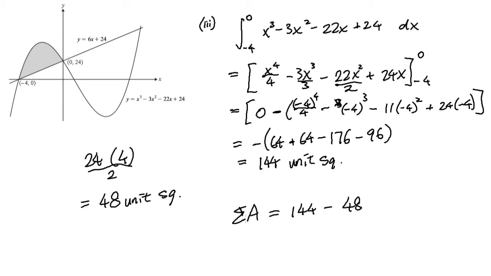This is actually the shaded area. This is the total area, and this is the triangle area. So the shaded will be 144 takes 48, gives you 96 units square. And that is part 3.